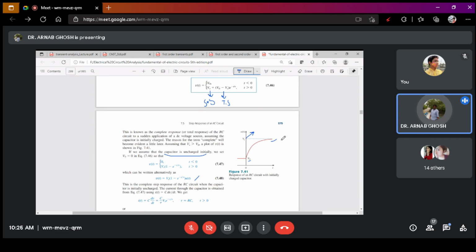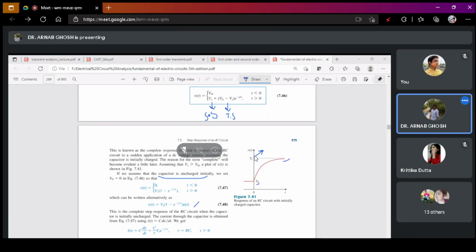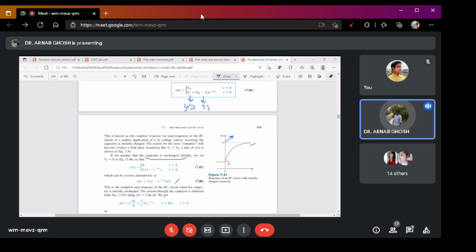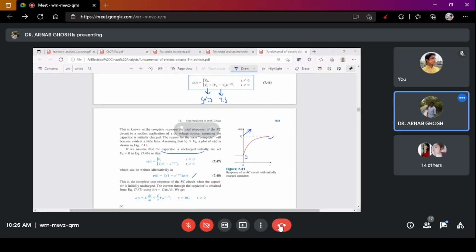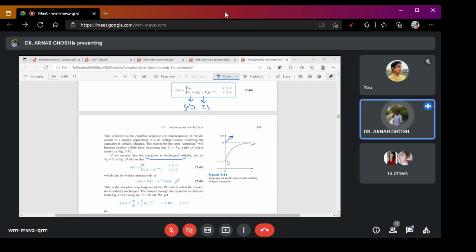We studied the discharging circuit previously; this is the charging circuit of the capacitor. Okay, is this okay? Let me know if this is okay. Yes, sir.